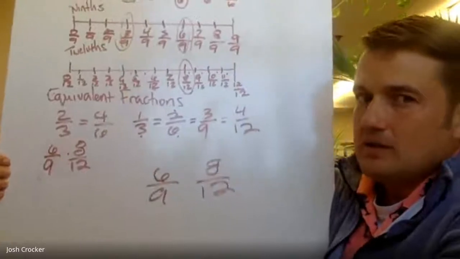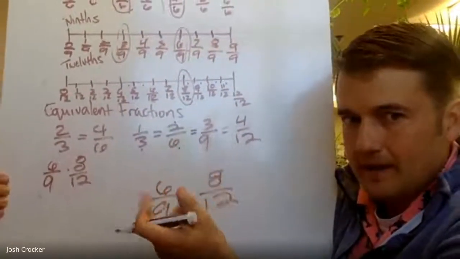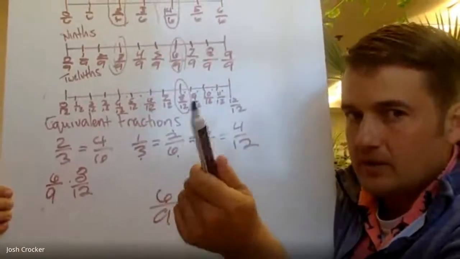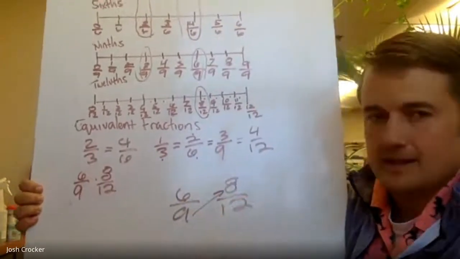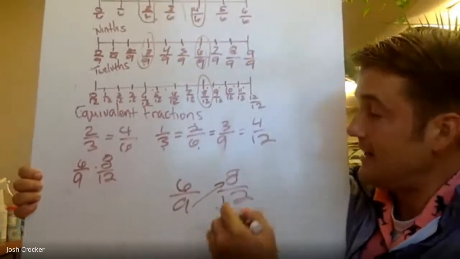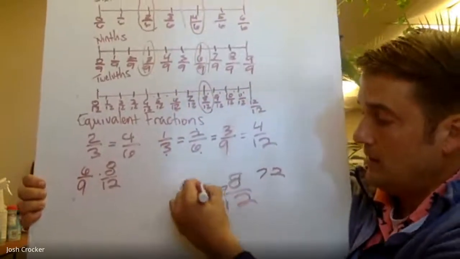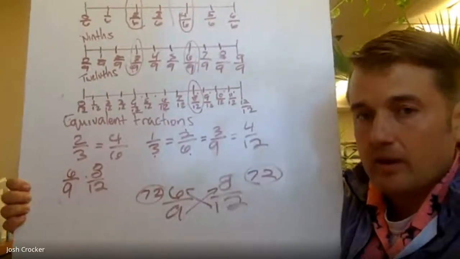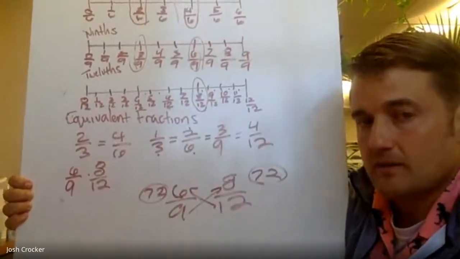And it usually is good, but here, there's nothing I can multiply by to get from here to there. But what I can do is cross multiply. Remember that? So 8 times 9, that's 72. 6 times 12, also 72. So I can check that way, and the cross products show me that those fractions are equal. Okay?